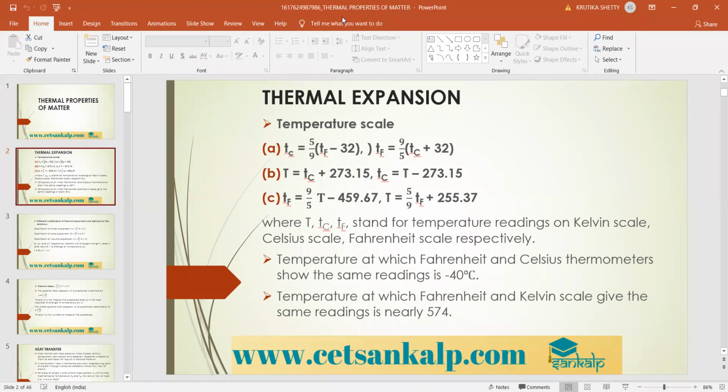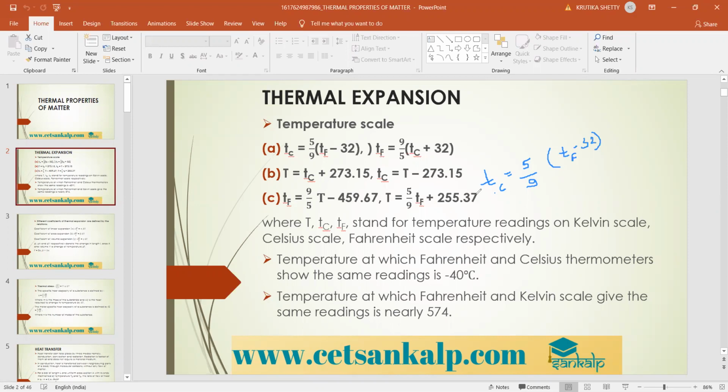Here, if I use this formula, Tc is equal to 5 by 9 into bracket Tf minus 32. What I am saying is that the Fahrenheit and Celsius scales show the same reading for a particular temperature. What is the value of that temperature? Here Tc and Tf are the temperatures on the Celsius scale and the Fahrenheit scale.